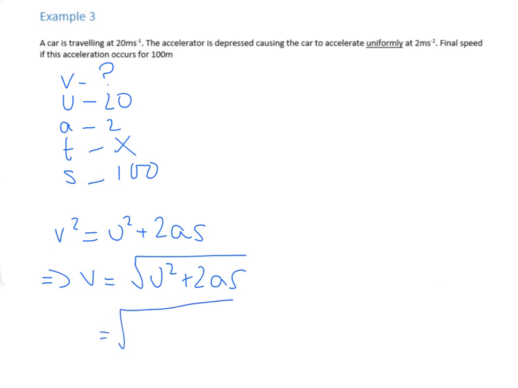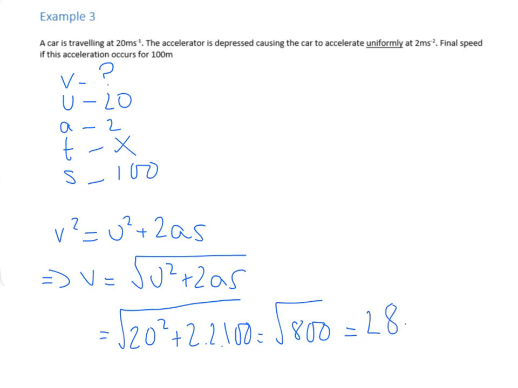So square root of 20 squared plus 2 times 2 times 100 is square root of, so that's 400 plus 400, so square root of 800, which should come out at 28.3. This is velocity, so it's meters per second.